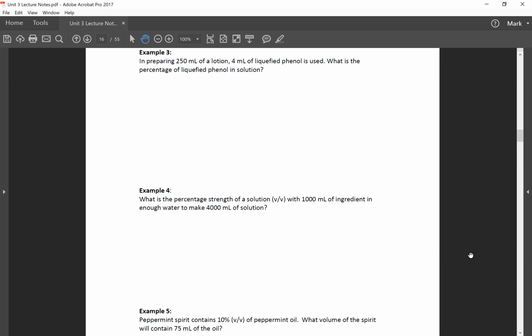So why don't you give these a try? Very easy. You can put your answers in the chat for examples 3, 4, and 5. And if you need the formula, again, the percent concentration is the amount of solute over solution times 100.